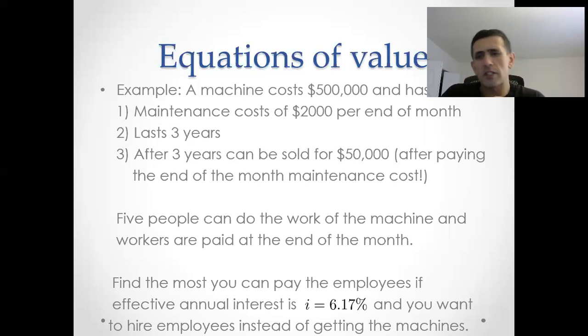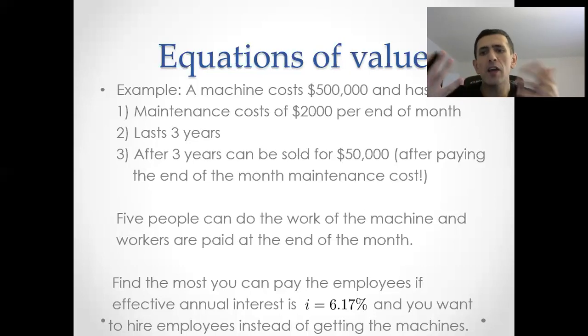Well, I'm going to set up a time equation of value: at the end of 3 years, the time value of the cost of the machine is going to equal the time value of your employee expenses. And particularly, that'll tell me how much I can pay each employee per month.